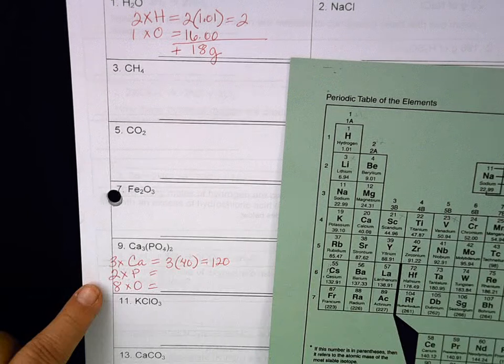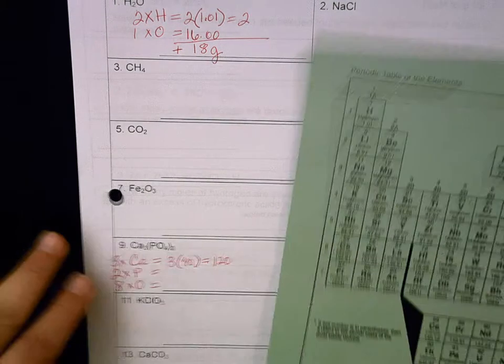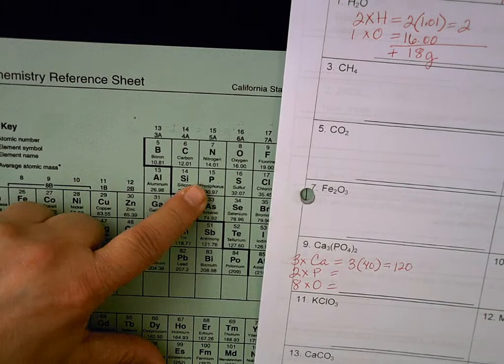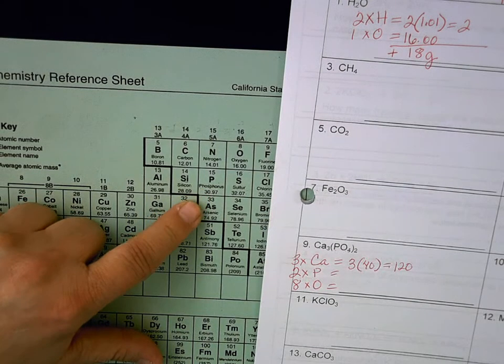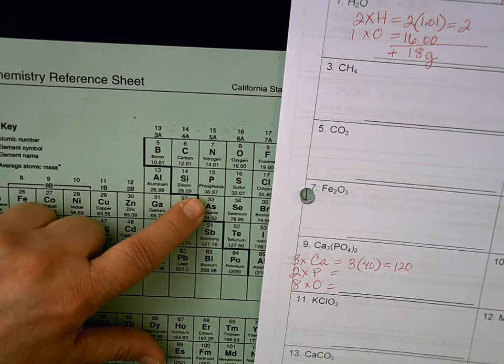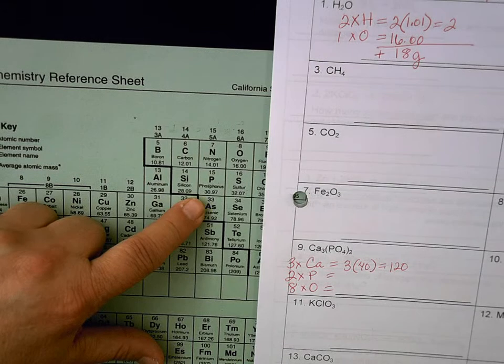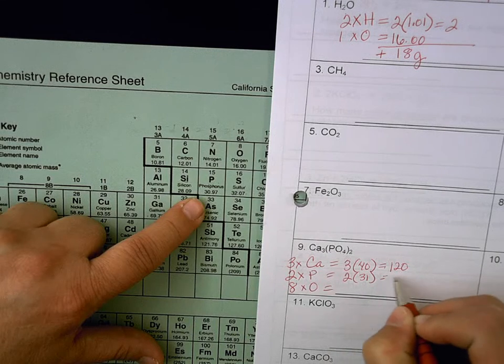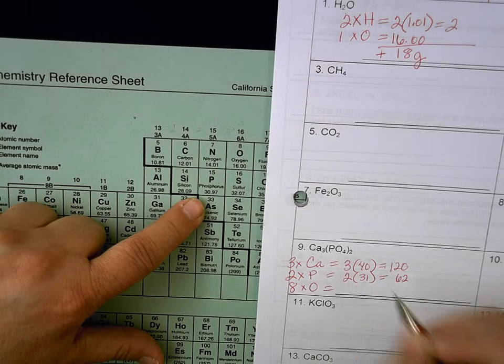And now I'm going to look up phosphorus, which happens to be on the other edge of the periodic table, the non-metal side. Here's phosphorus. Phosphorus is 30.97, so we're going to round it to 31. And there's 2 copies of that, so I've got like 62 here.